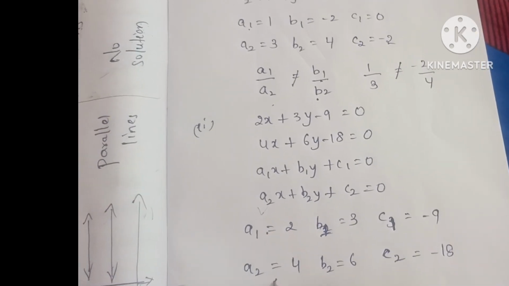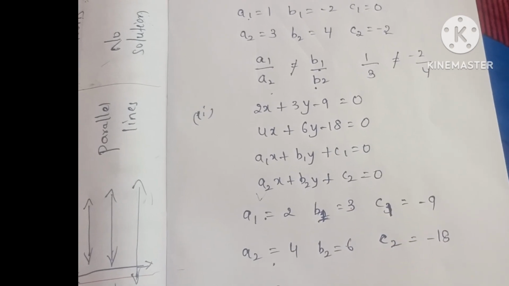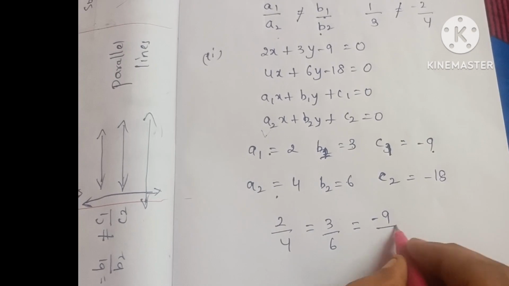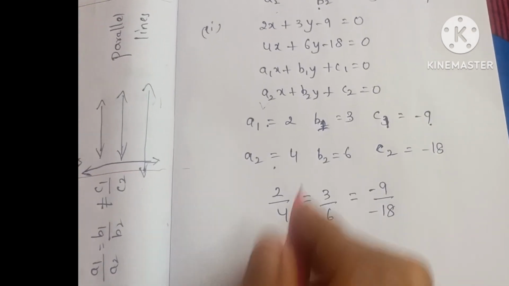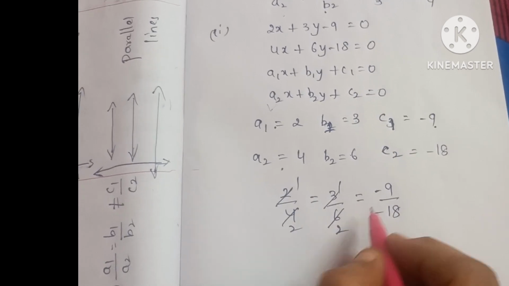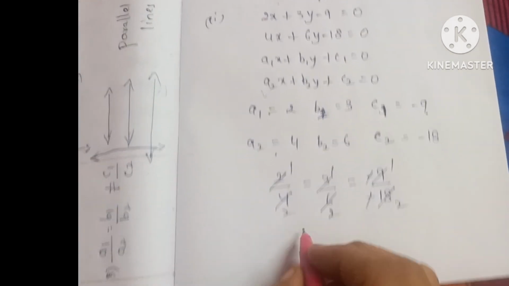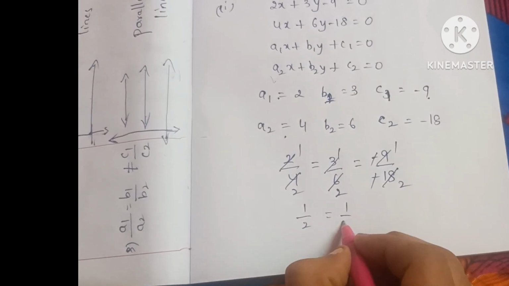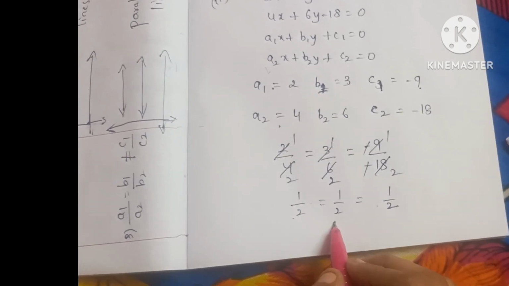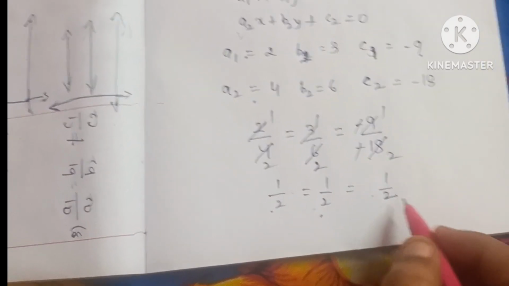Now a1 by a2: 2 by 4 equals 3 by 6 equals minus 9 by minus 18. Here 2 one time, 2 two times, 3 one time, 3 two times. Minus minus cancel, 9 one time, 9 two times. So 1 by 2 equals 1 by 2 equals 1 by 2. These are coincident lines, so infinitely many solutions.